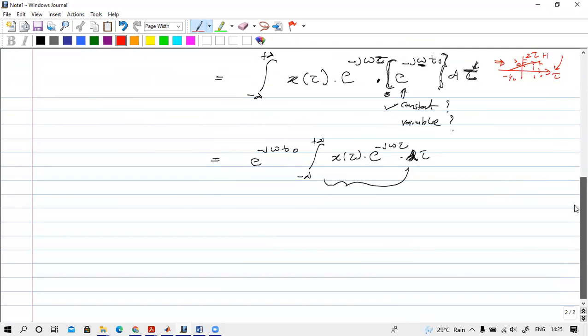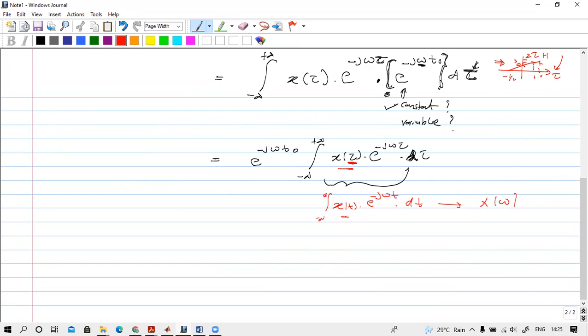In the same way, you can say that this x(tau) is the same as x(t), no difference. So here, e to the power minus j omega t dt, this integration we can call capital X(omega), the Fourier transform of x(t). If it is tau, there is no difference.